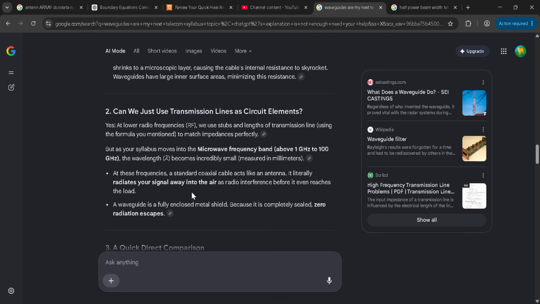So waveguides are physical structures that guide electromagnetic waves from one point to another with minimal loss of power. Unlike standard copper wires that carry electric currents, waveguides channel high frequency electromagnetic waves in the microwave and millimeter wave spectrum. Think of them as hollow pipes for radio waves where the signal bounces off the walls. Give images also, to understand.